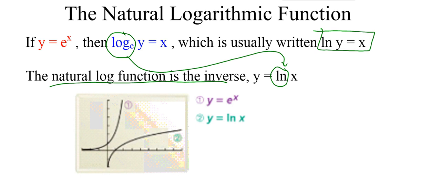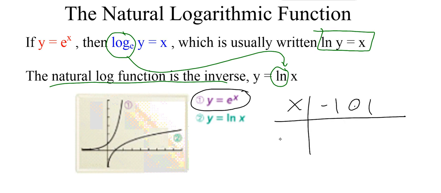So as we think about graphing our natural log function, we think about graphing y equals e to the x. As you graph that, if we think about our anchor points there and our e to the x value, well, e to the -1 is going to be 0.368. Anything to the 0 power is 1. Anything to the first power is itself.